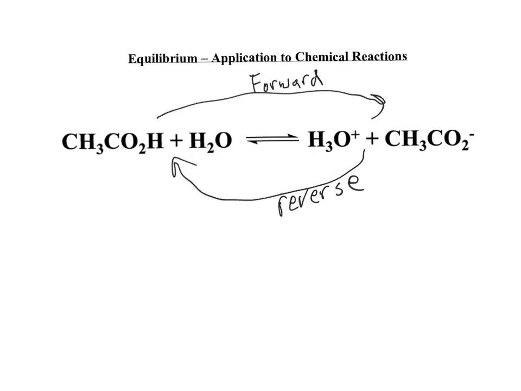So when we reach equilibrium, think about it, you'll start off with all reactants and no products before the reaction takes place. Then the reaction takes place and you start losing some reactant and gaining some product.